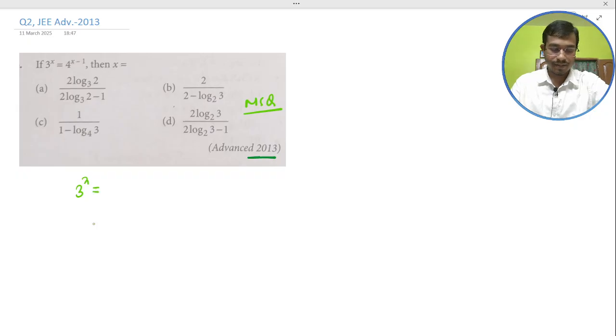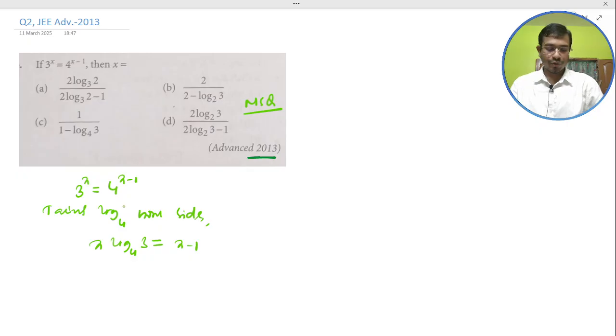It is given that 3 to the power x equals 4 to the power x minus 1. Taking log to base 4 on both sides, that is x log 3 base 4 is equal to x minus 1. Because here it is 4, so we take the base 4.